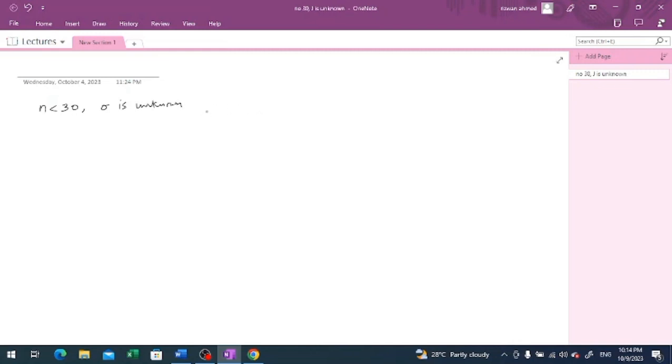For this, we need to refer to the previous lecture video where we have used this formula to construct a 1 minus alpha percent confidence interval for the population mean mu.